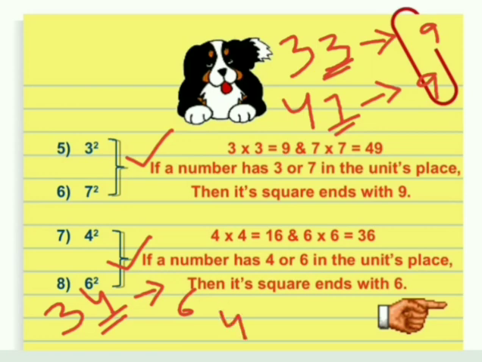Take the example of 46. See here, at the unit place we have the number 6. So when you find the square of 46, we will get 6 as the unit place digit.